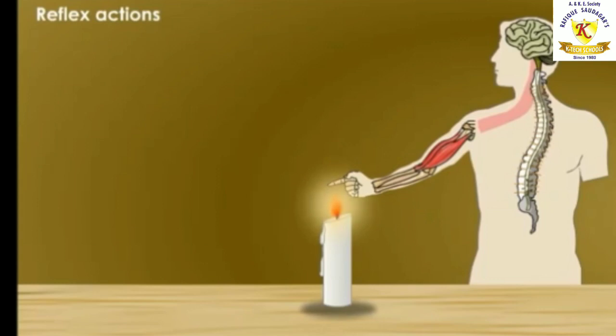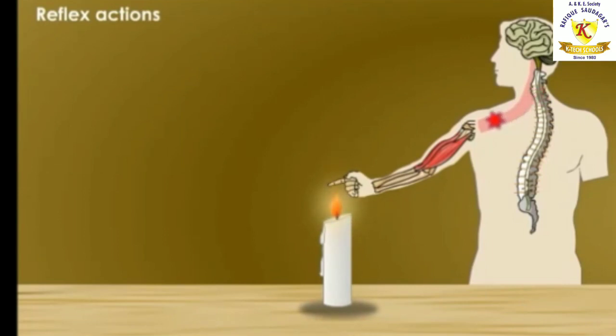Now, when a person accidentally touches a hot object, a pain sensitive receptor cell in his finger tip detects the heat stimulus and triggers off the nerve impulse. From here, the impulse travels along a sensory nerve to the spinal cord. The message is processed and the response is generated in the spinal cord itself.